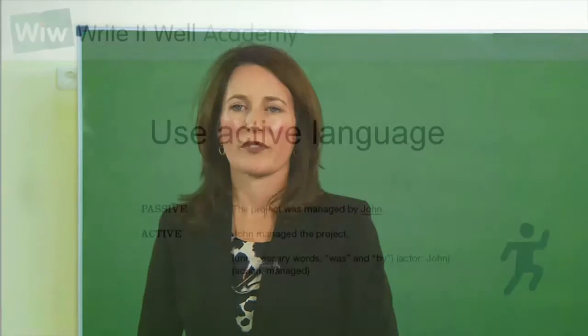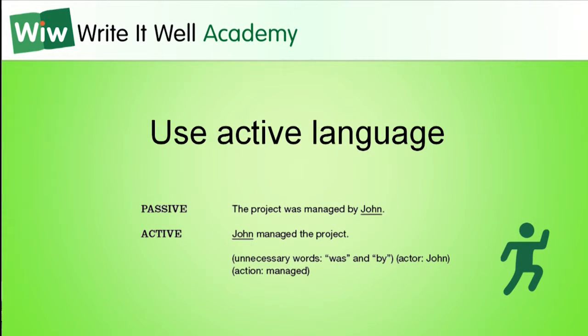Passive language looks like this. The project was managed by John. So why is that passive? It's passive because there is an actor, but the actor comes after the action. So the action is was managed. John is the actor. Now we're going to change that to active language, both by identifying the actor, John, and then having the actor come first.